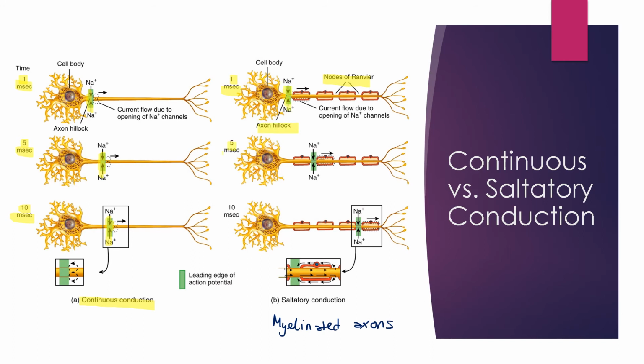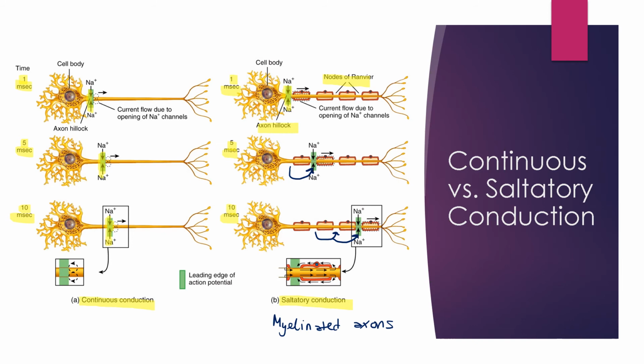At 5 milliseconds, the action potential will jump to the next node of Ranvier. So jumping conduction is another term for saltatory conduction, it's kind of a jumping motion, where at 10 milliseconds, it's jumped to this node and then again jumped to that node. So it's much faster than continuous conduction.